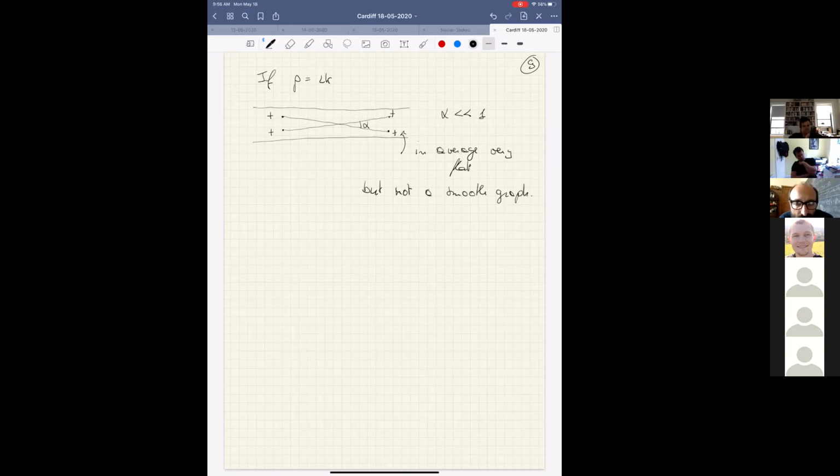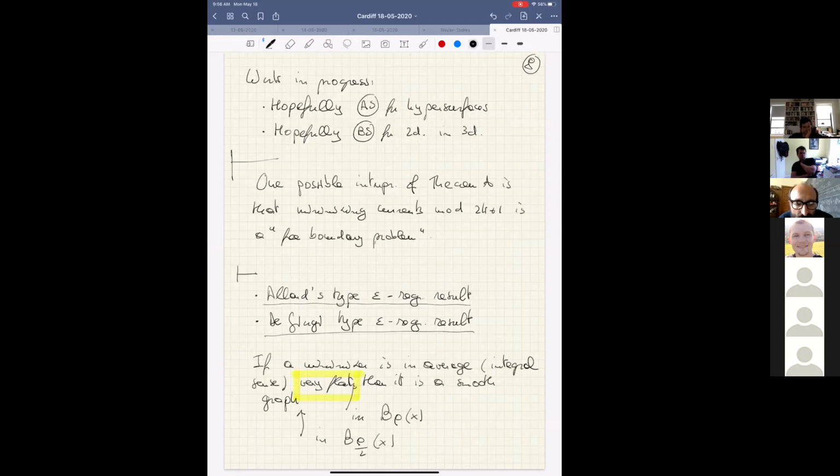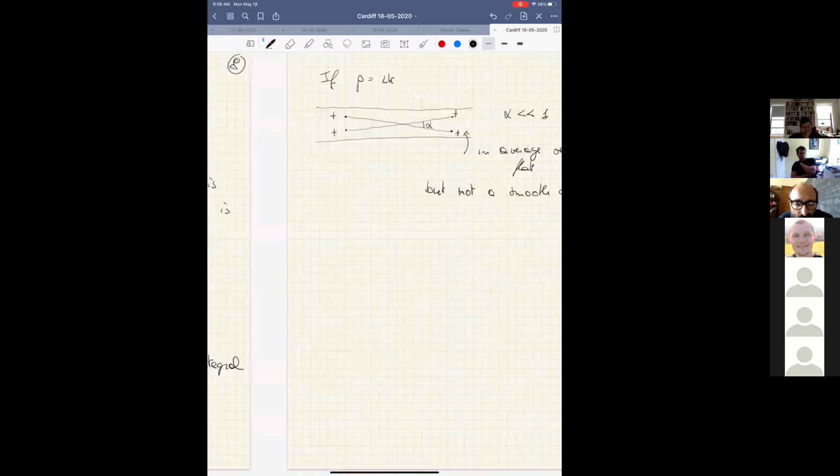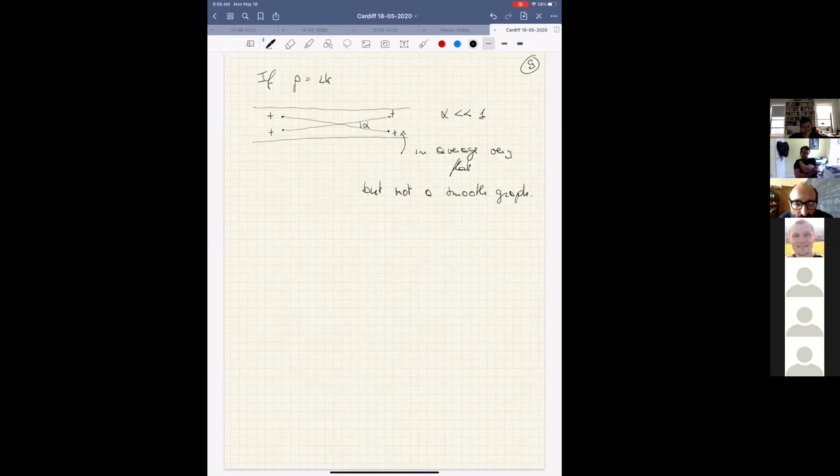Okay. Now, on the other hand, this epsilon regularity theorem, for even P, is going to be true if you know in advance that there's not going to be a nasty point like this of multiplicity equal to 2K.